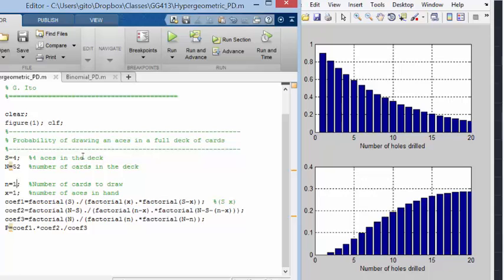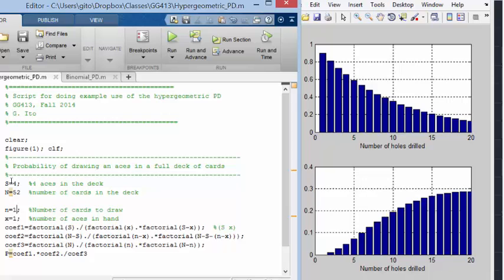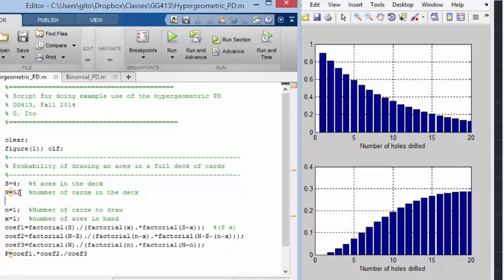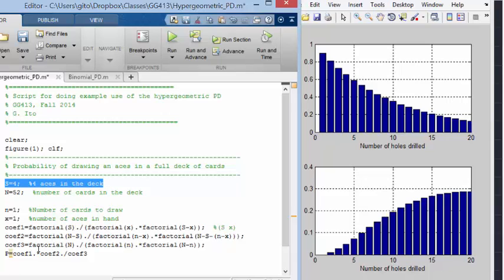So here we have another MATLAB script. Let's look at a simple example. We're looking at the probability of drawing aces in a full deck of cards. A deck of cards has 52 cards, so big N is 52. And if it's a full deck, then of course we have 4 aces in the deck.